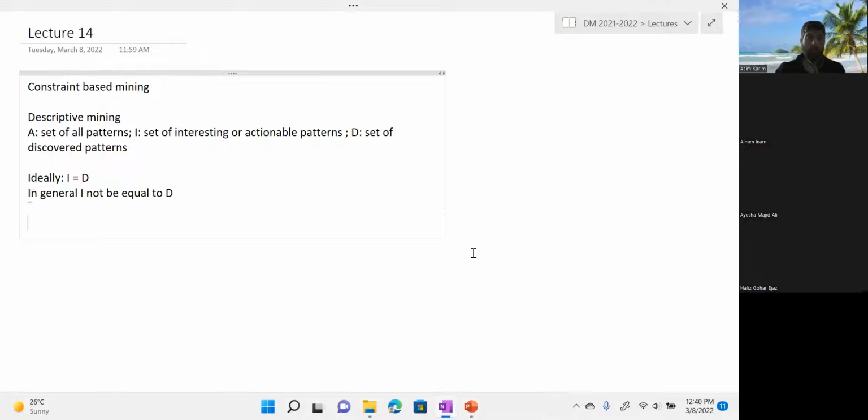So we would like to have an algorithm that can give us complete and non-redundant patterns. And of course, we would like to do this through some processes. So one of the processes that we talked about is interestingness measures, some rules, some constraints.